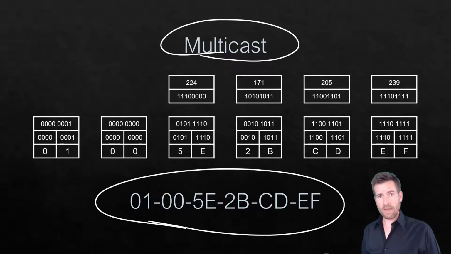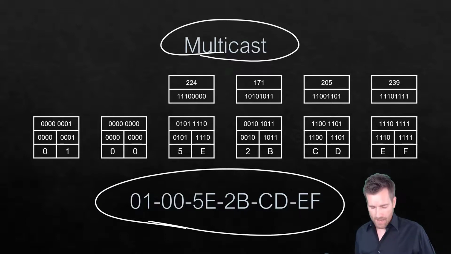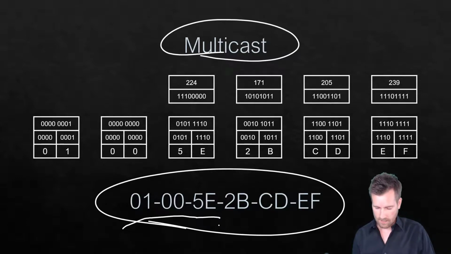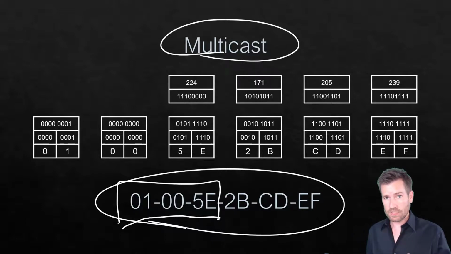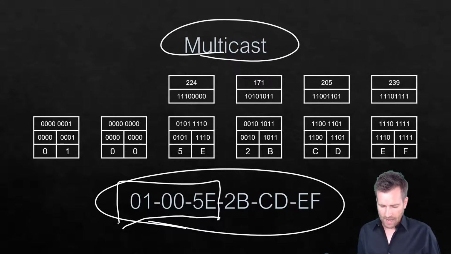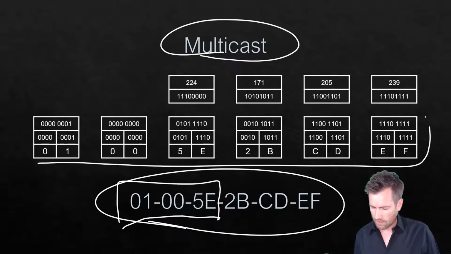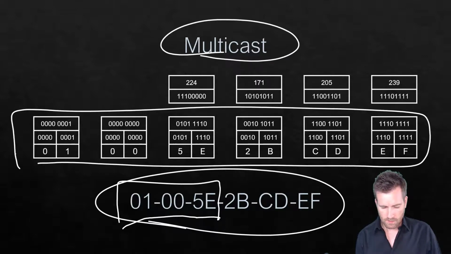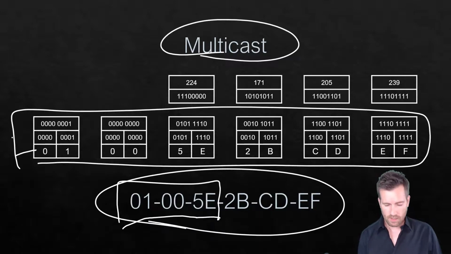A multicast MAC address starts out with 01005E. So this first section signals that this is a multicast address and to be treated as such. In fact, I've actually got it broken down a little bit further here. So you can see the hexadecimal number, and you can also see the binary numbers that are associated with that.